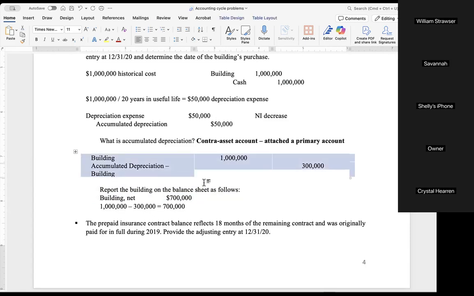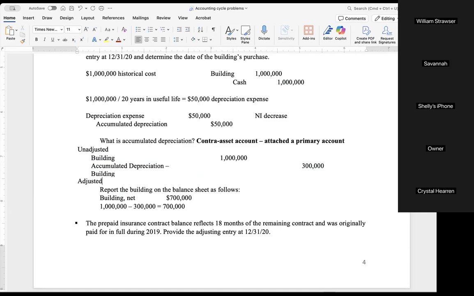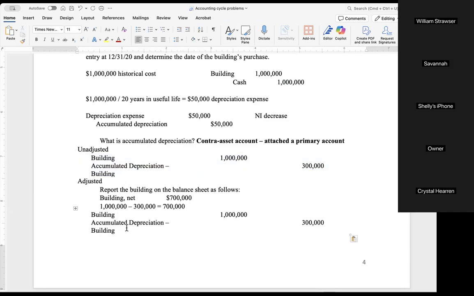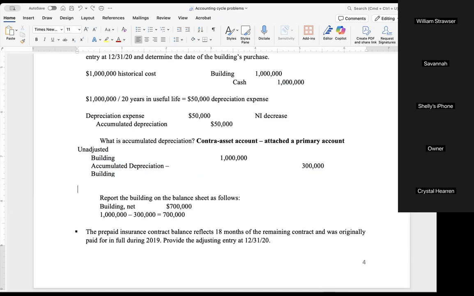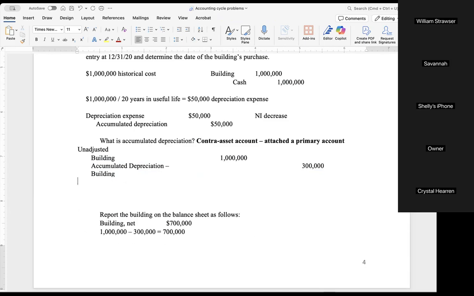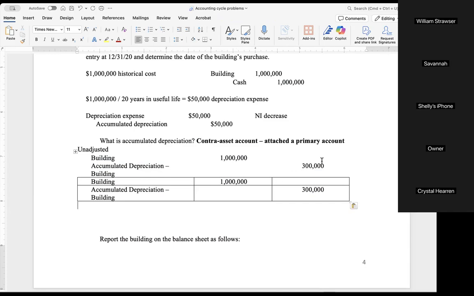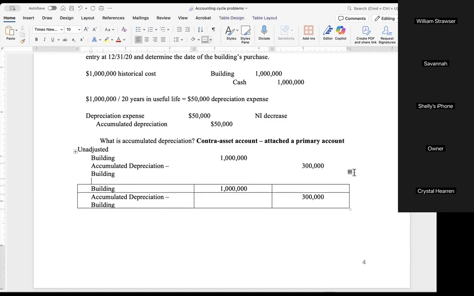Because now, what will these accounts look like? If this is the unadjusted amounts, what would the adjusted amounts be? That helps me answer this part of the question. Would the building account change?